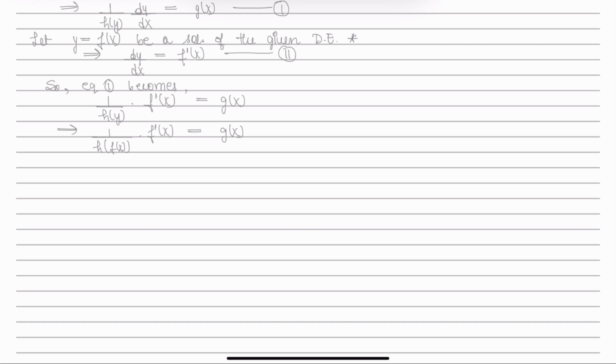Now both the left hand side and the right hand side are in the variable x, so I can integrate equation number 3 with respect to x on both sides.